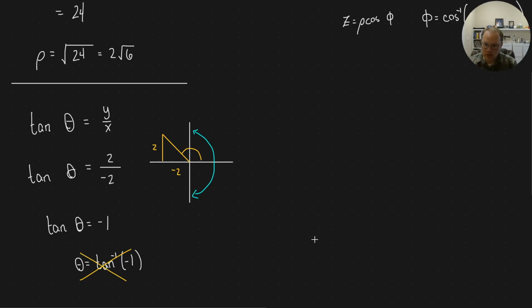Where is arctangent of -1 going to spit us out? Tangent is y over x. So in order for tangent of theta to be negative, the y and the x have to have opposite signs, right? They have opposite signs in quadrant 2, but also in quadrant 4.